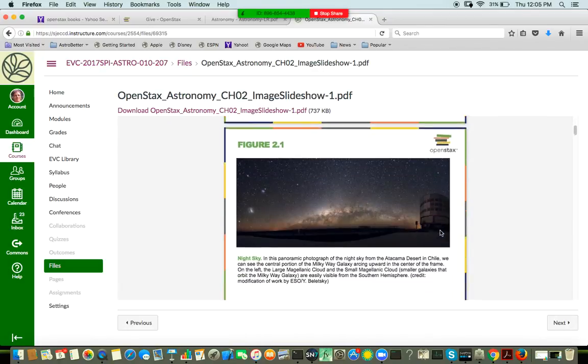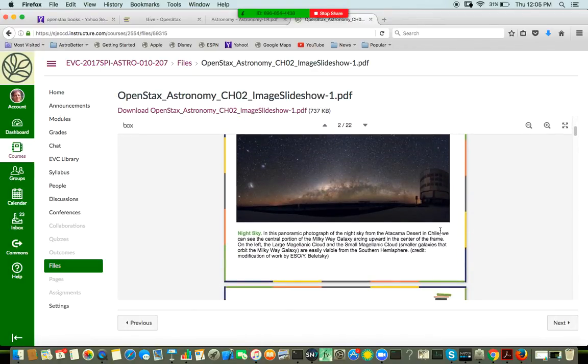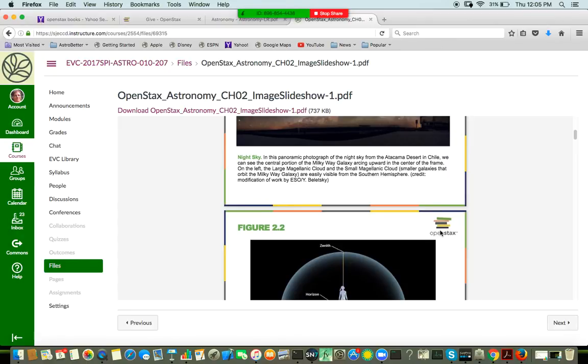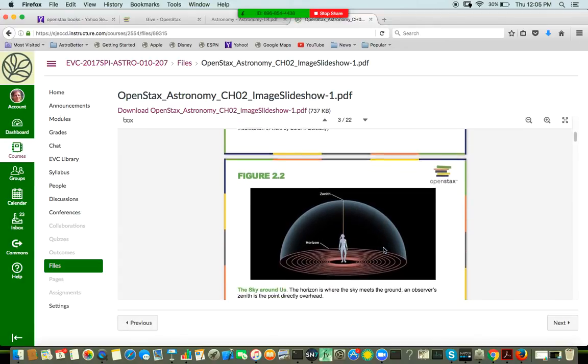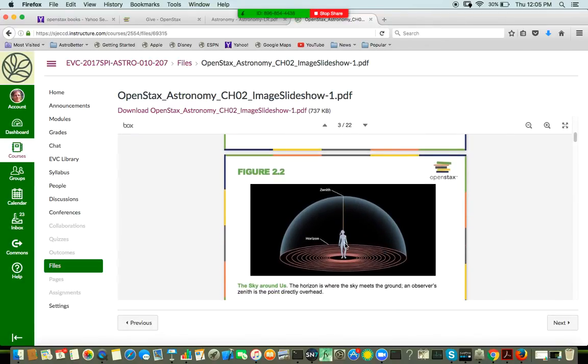All right, so basically, chapter 2 introduces the concept of the celestial sphere. The celestial sphere is not a real thing, it is a hypothetical sphere that was conceived in the past, and right now we still use it because it helps to identify the position of objects in the sky.